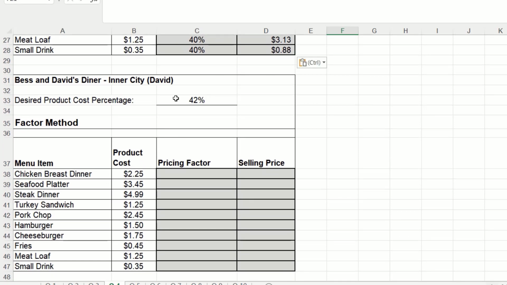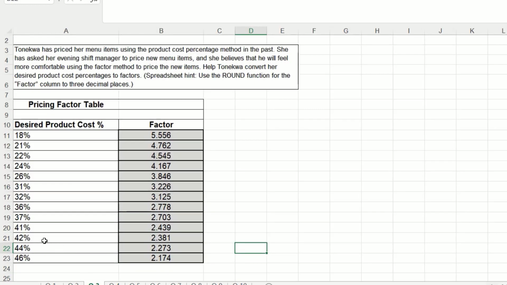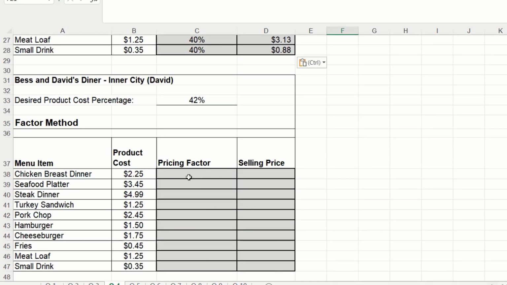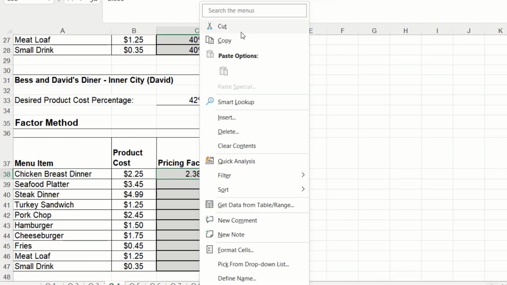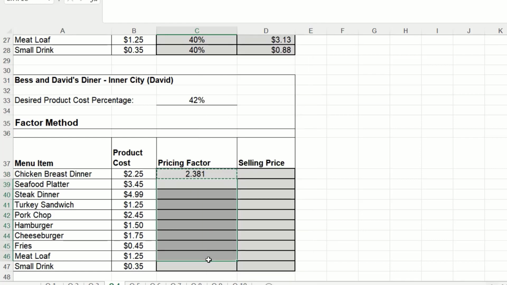But then let's use the factor method here, okay? Our desired cost percentage is 42%. We can go back to question number 3. We can see that 2.381 was our factor for the 42%. So let's put that in here, and we can use this for the entire column.